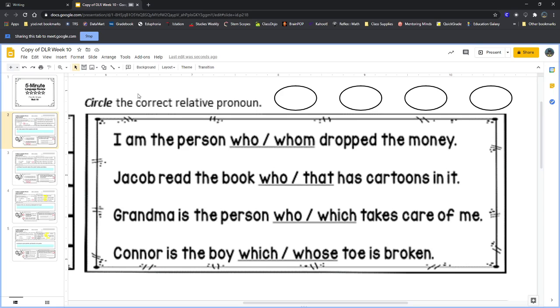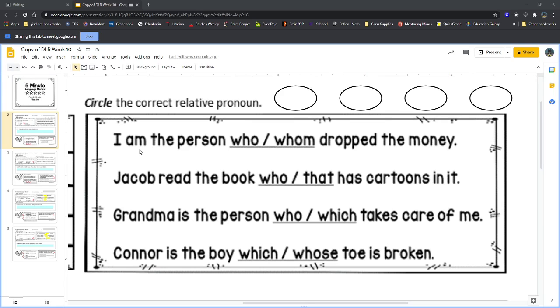And they want us to kind of circle which word we think really belongs in that sentence. So what we're going to do is read the sentence and then use our circle and select whichever word we think best fits, or which one should be in that sentence.